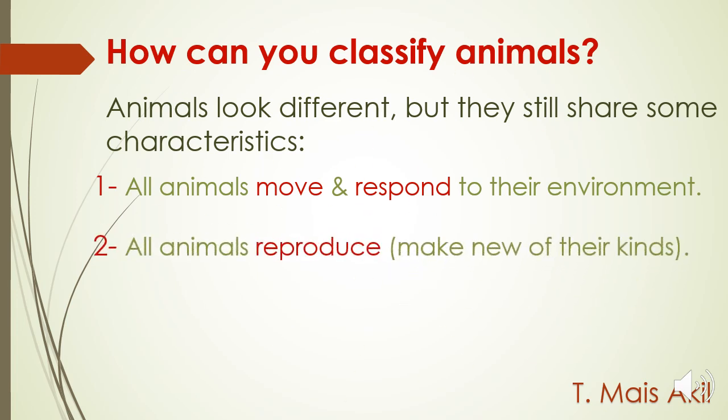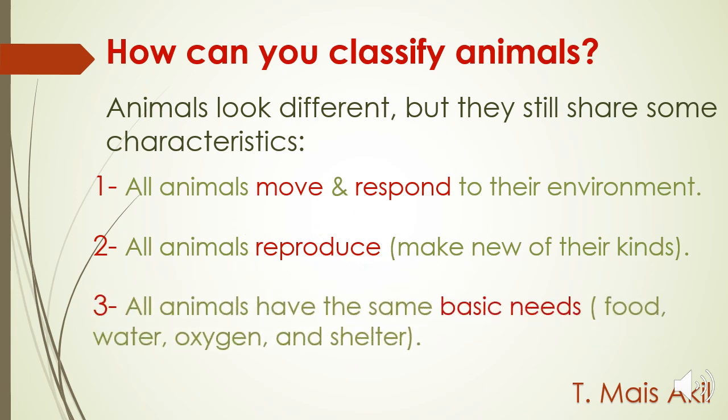Reproduce means make new of their kinds. What about their needs? Do you think that they have the same needs? Yes, sure. All animals need food, water, oxygen, and shelter. So even if the animals look different, they still share some characteristics.